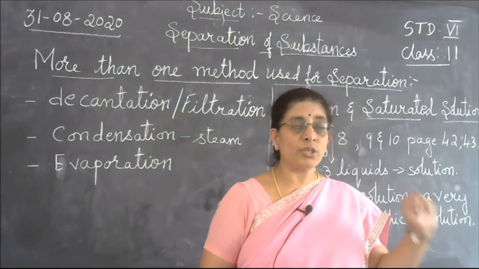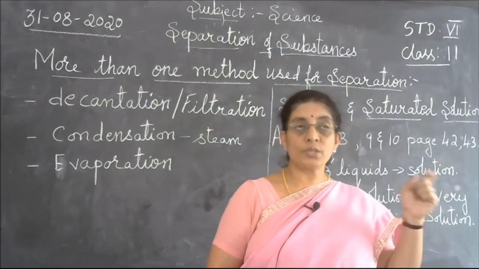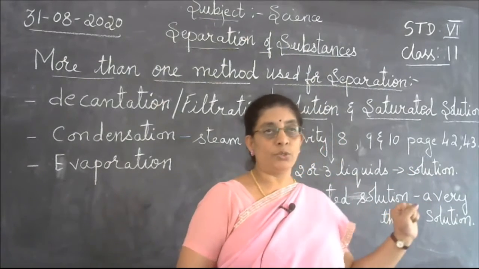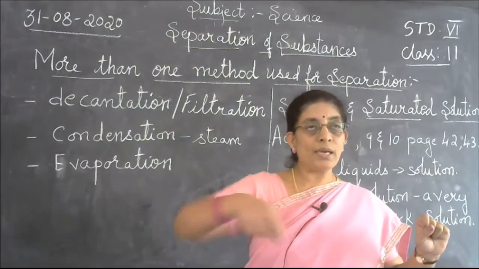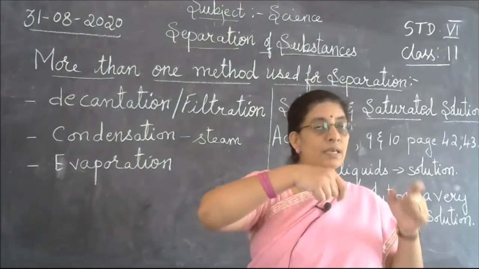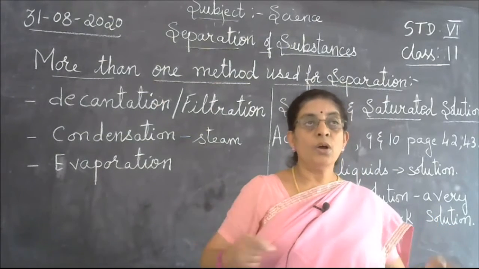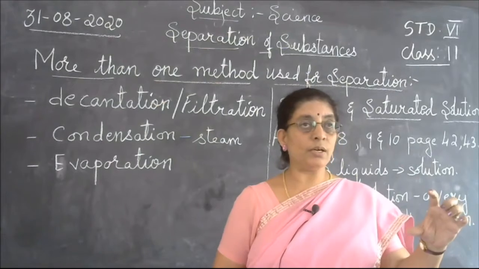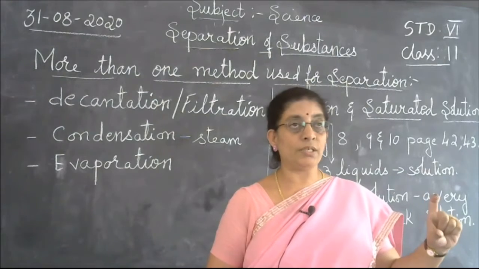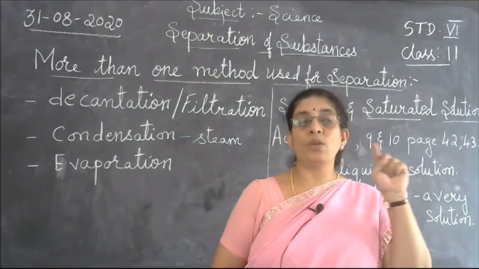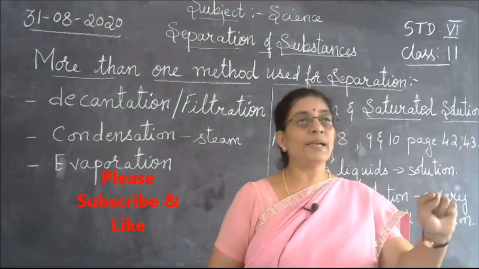Now you need to know the capacity of water, whether the water has the capacity to dissolve only this much salt or sugar at the normal temperature of water. So what you have to do is pour the same solution into a container, keep it on the stove, and switch on the stove. As the solution is getting heated up, keep stirring and stirring. The salt or the sugar which did not dissolve at the normal temperature of water, now you can see, as the water is getting heated up, even that salt or sugar will dissolve.